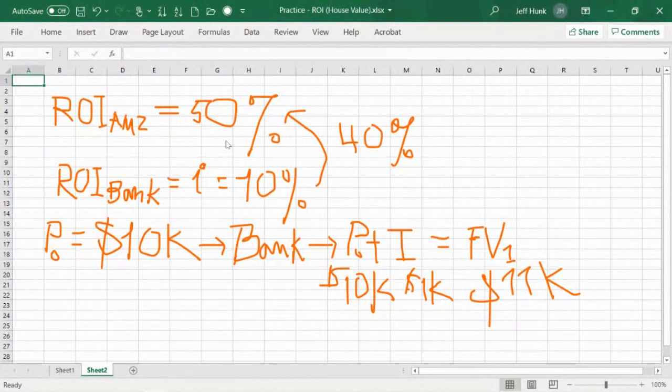Well, it's obvious, the bank. And you might wonder, do you have any objection to the bank keeping 40% for itself? If you were this person putting 10,000 in the bank, are you happy that the bank is keeping 40% and just returning you 10%?